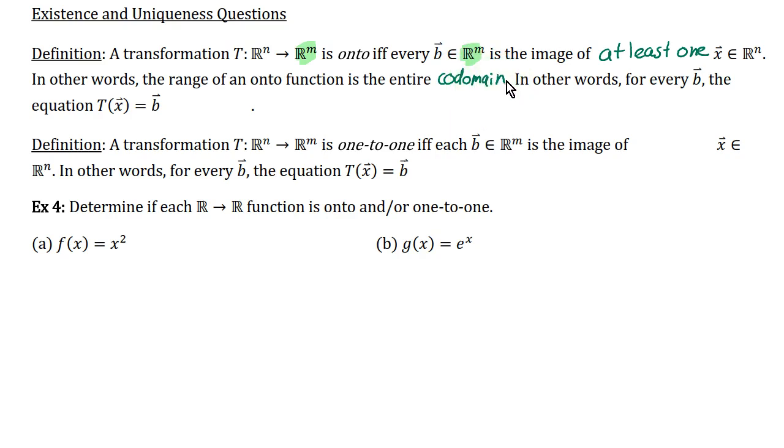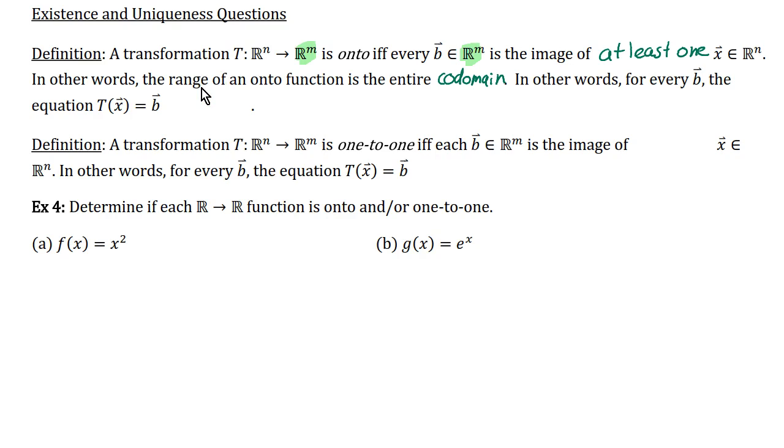When we say the image, remember that means the output. Every b in the codomain you can get to by doing T of x for at least one vector x. And the range is the set of all of the actual outputs that you get.